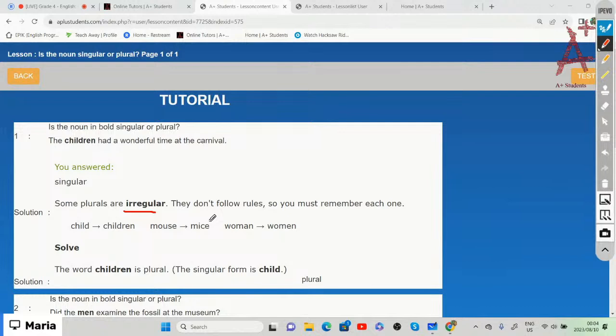So, for example, many churches. So that is an example of the rules that we need to follow.